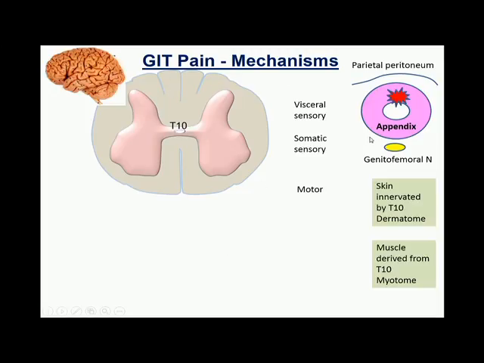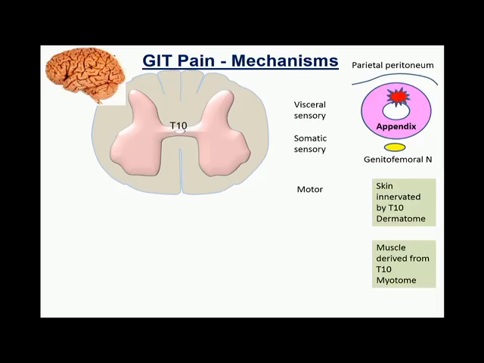So the pathology in acute appendicitis is initially in the wall of the appendix, the mucosa. It is confined to the wall of the appendix, so we call it intramural.